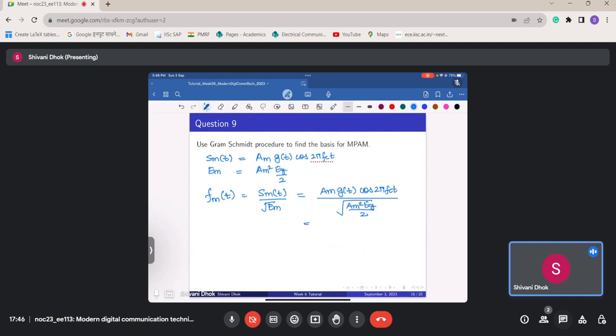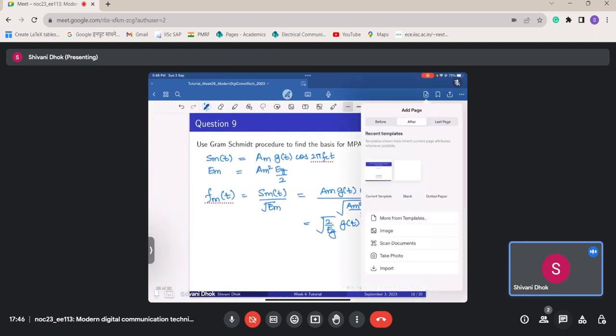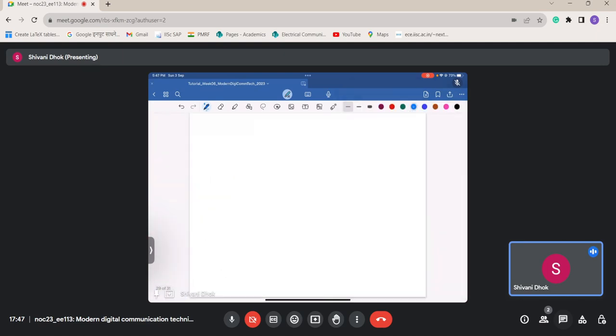So this comes out to be under root 2 by Eg g(t) cos 2 pi fc t. Now let us consider another signal, that is sn(t), such that n is not equal to m.